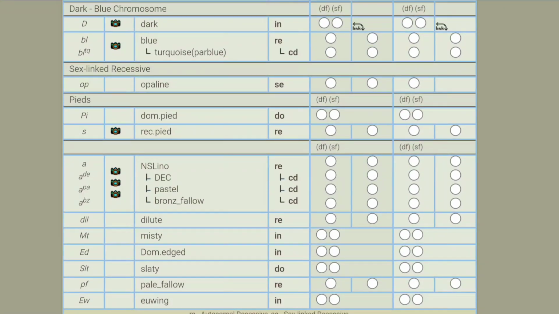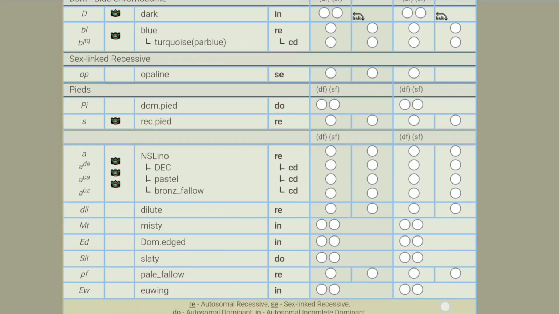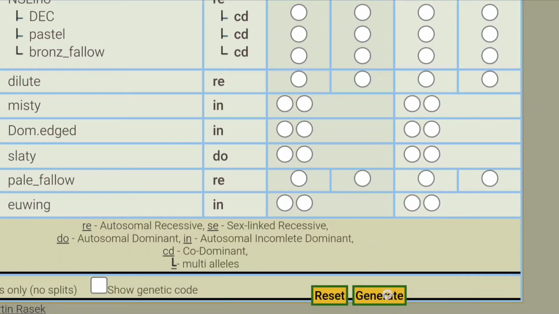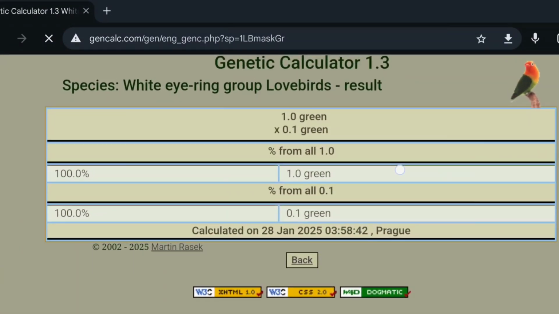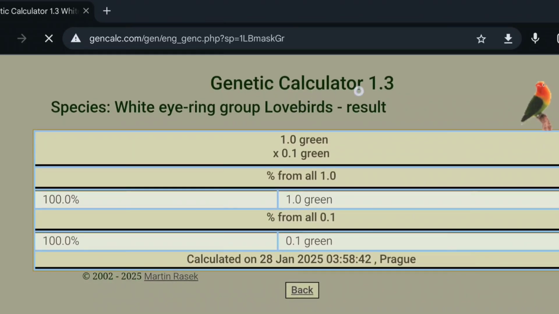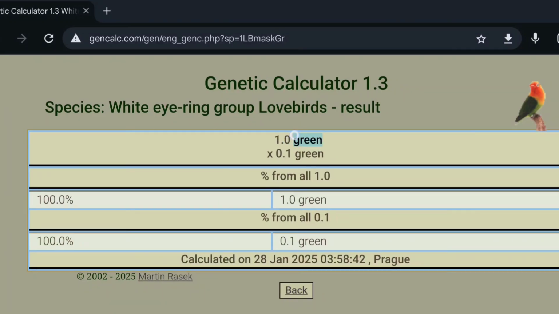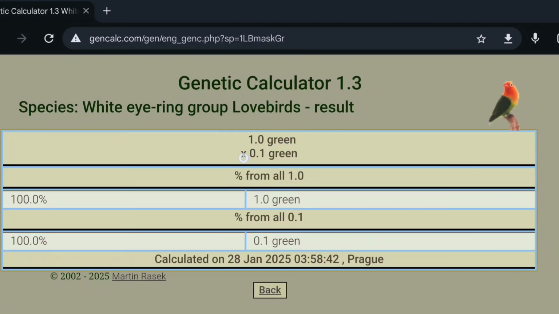If we are not putting anything and we just hit this Generate button, then as you can see here, we have results: genetic calculator 1.3 white eye ring group. Then this is 1.0 green crossed by 0.1 green female, and then we have here percent from all 1.0 and percent from all 0.1.